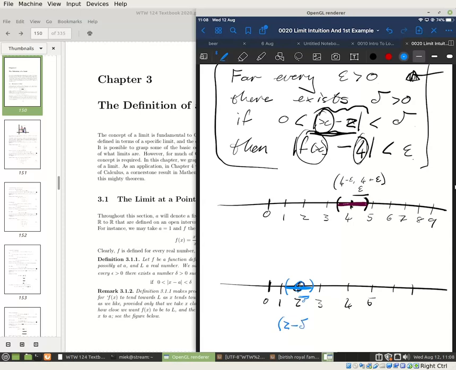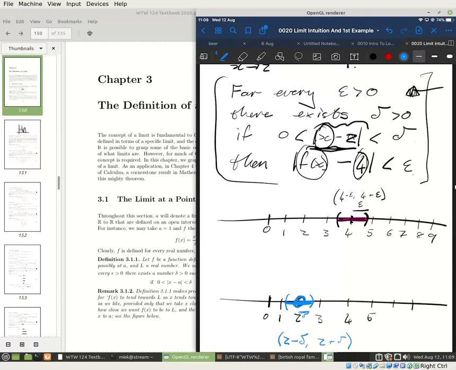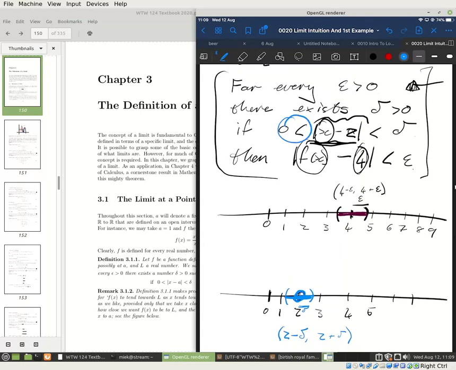If we look at the open interval of 2 minus delta to 2 plus delta, but excluding 2 itself, that is what we have over here. If the distance of x to 2 is strictly positive, x cannot be equal to 2, because then the distance of x to 2 would be equal to 0. So we're looking at all the numbers in this interval excluding 2. If we look at this interval, then all the numbers here are mapped into this interval of radius epsilon there.